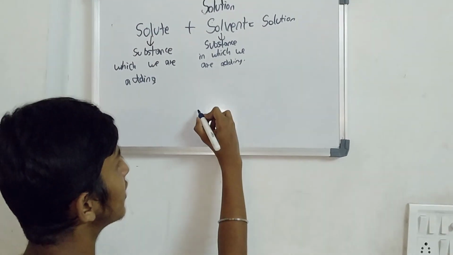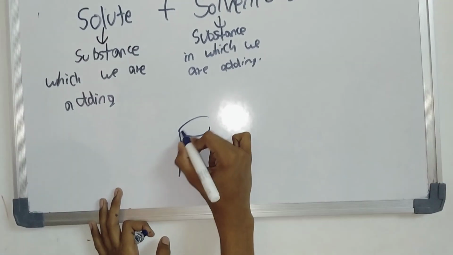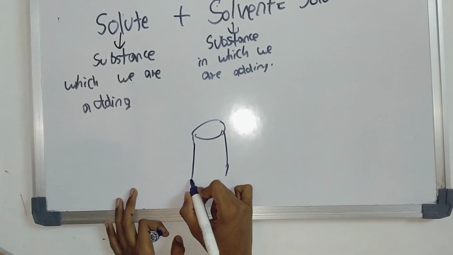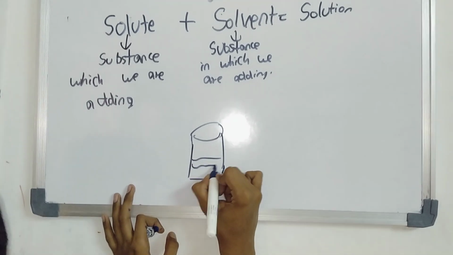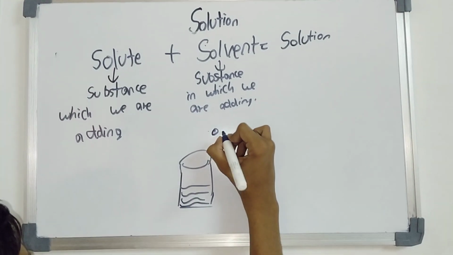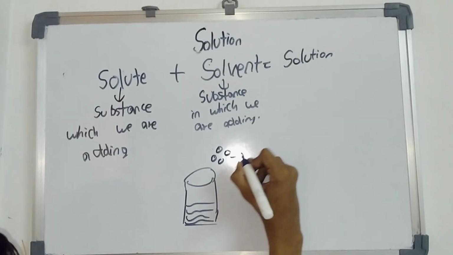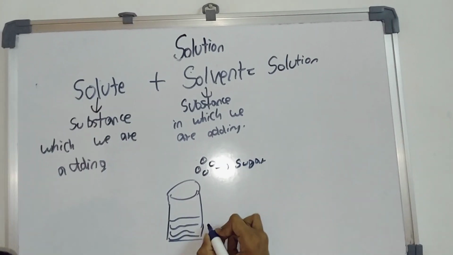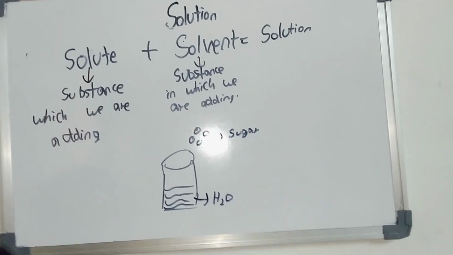For example, we have a glass. Focus on this here. This is a glass filled with water, and we are adding sugar in it. This is sugar. This is our H2O, that is water.